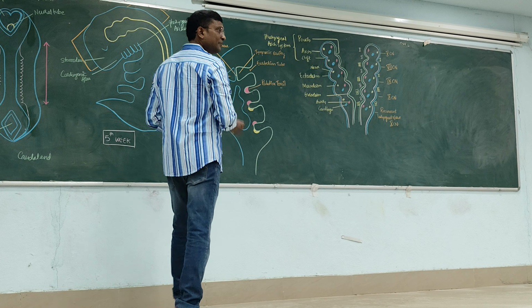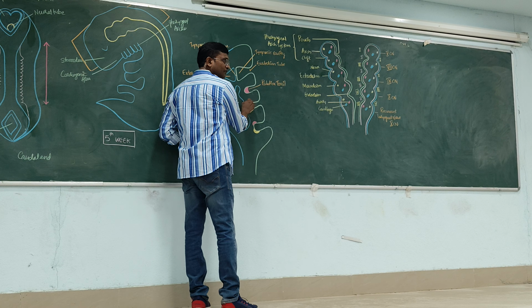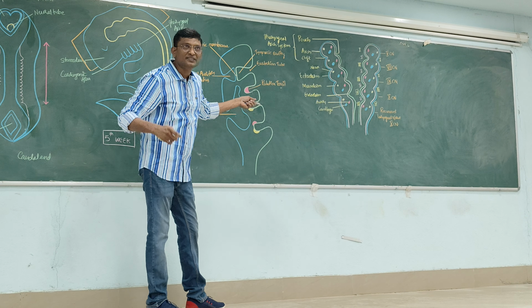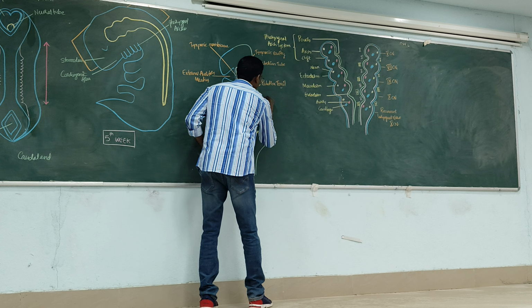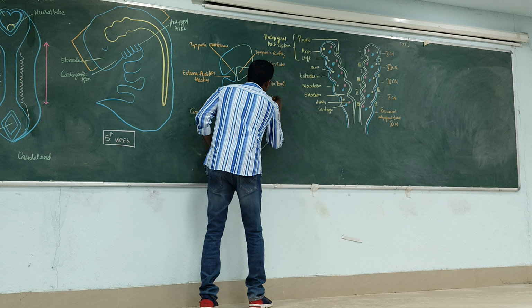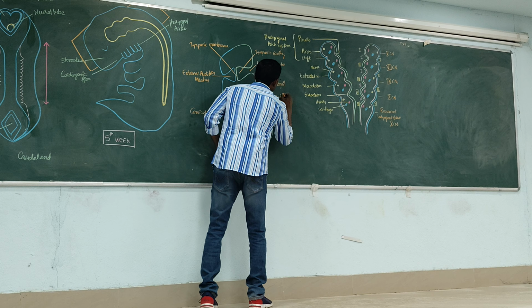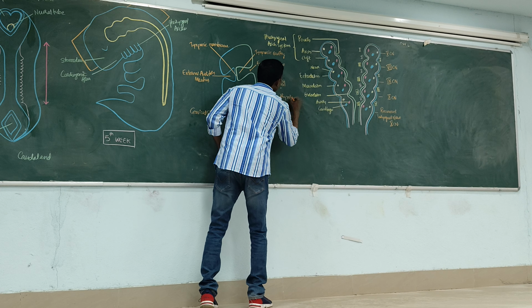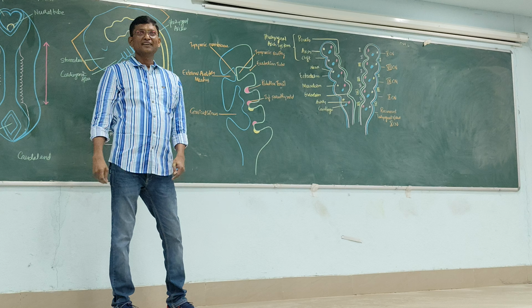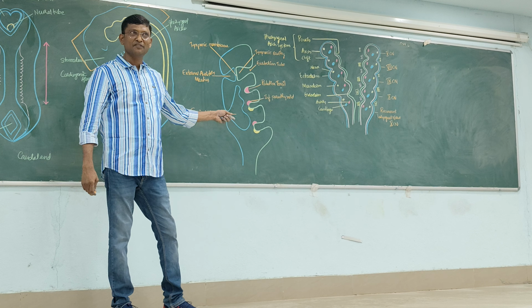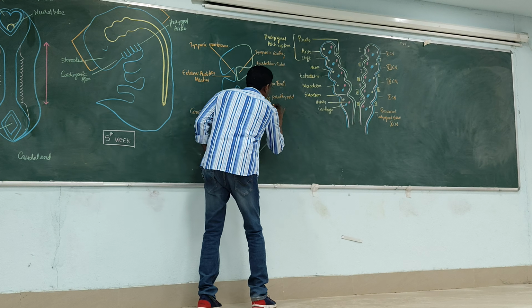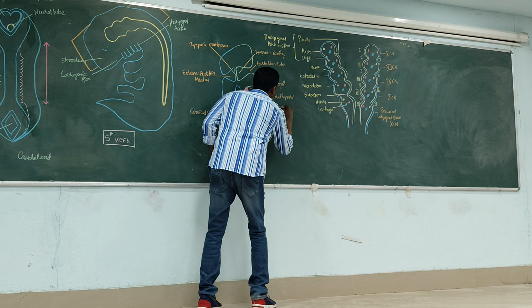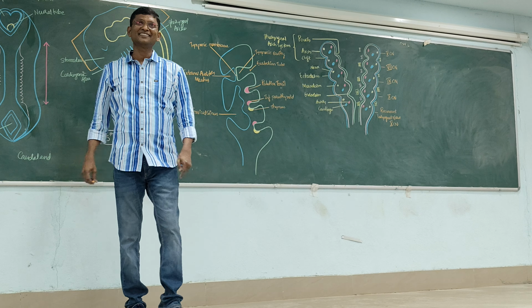Now coming to the labeling. The dorsal expansion of the third pharyngeal pouch will develop the inferior parathyroid gland, while the ventral expansion of the third pharyngeal pouch will develop into another gland called the thymus gland.